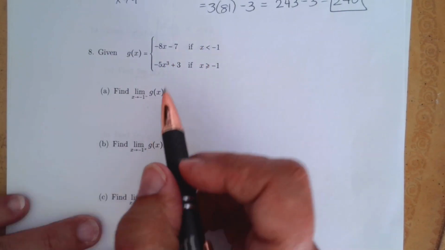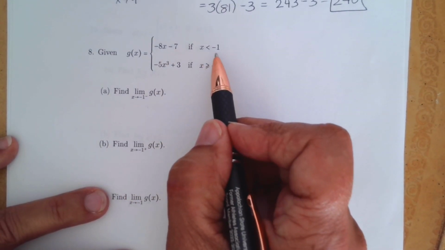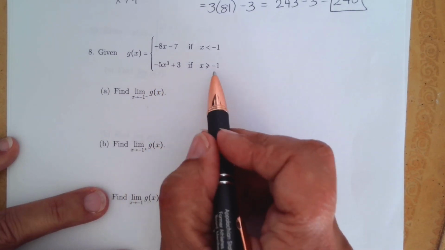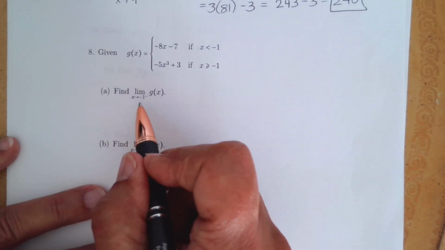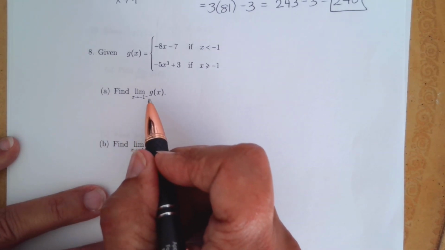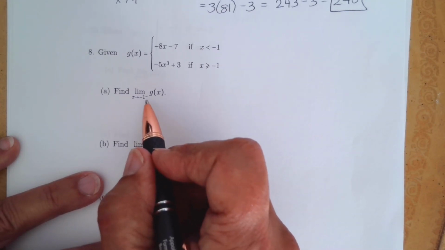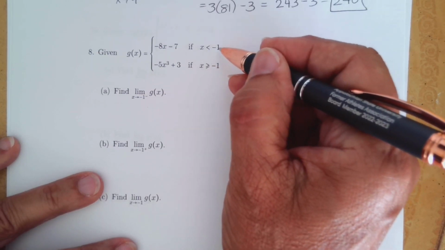All right, so we're going to use negative 8x minus 7 when x is less than negative 1, and we're going to use negative 5x cubed plus 3 if x is greater than or equal to negative 1. So part A asks you to find the limit as x approaches negative 1 from the left. From the left means smaller than negative 1, so that would be these numbers less than negative 1.